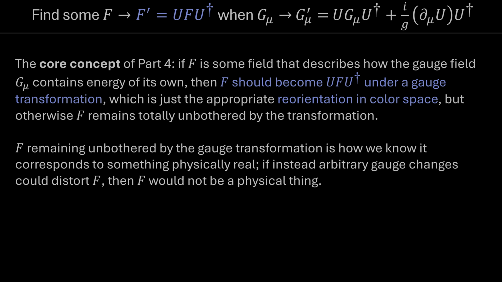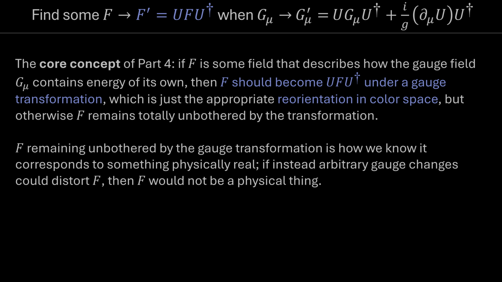Because remember, our gauge field G mu goes into a UU dagger sandwich under a global SU3 transformation. And as we saw in the last video, that UU dagger sandwich is going to appropriately readjust the gauge field in color space. And for the same reasons that we saw in the last video, that G mu has to undergo that adjoint transformation, it also turns out that our field strength tensor F should also undergo the same transformation.